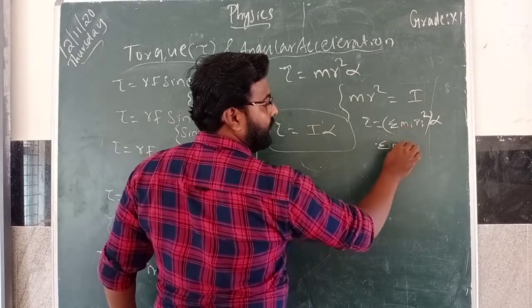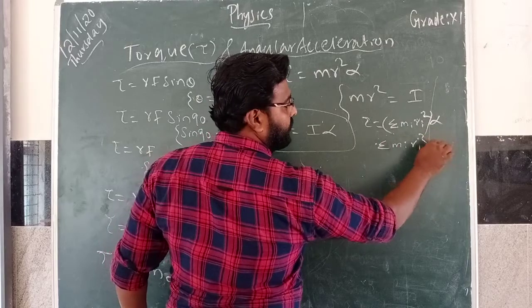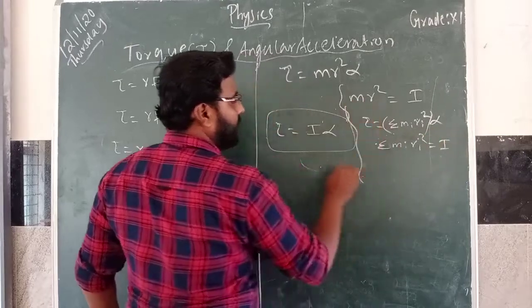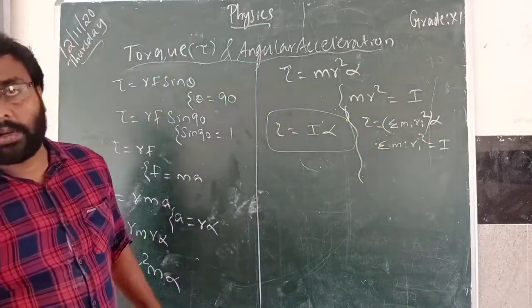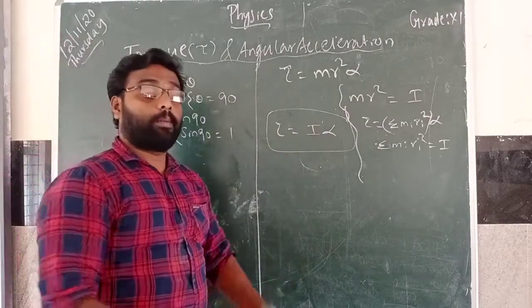Sigma m i r i square means I only. The relation is: torque is equal to I alpha.